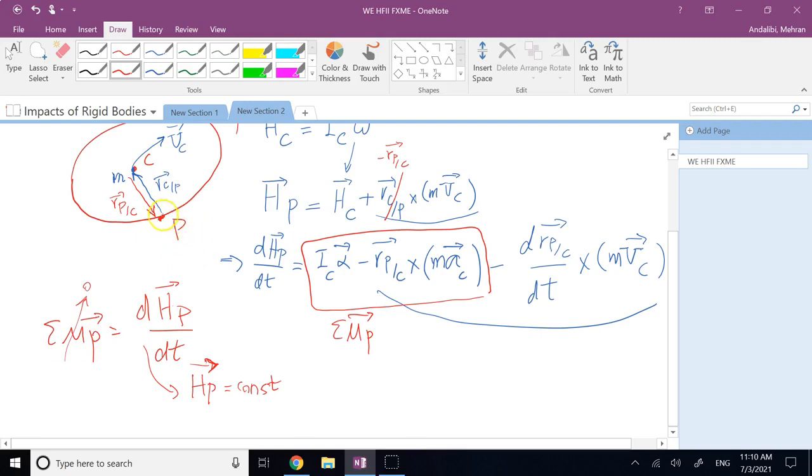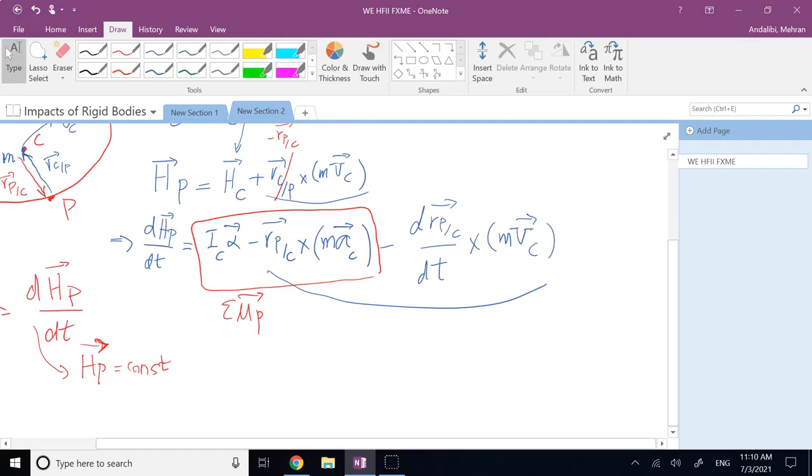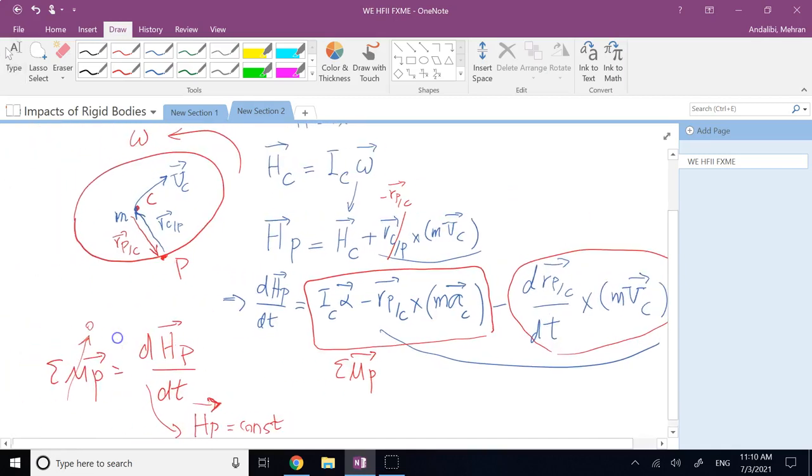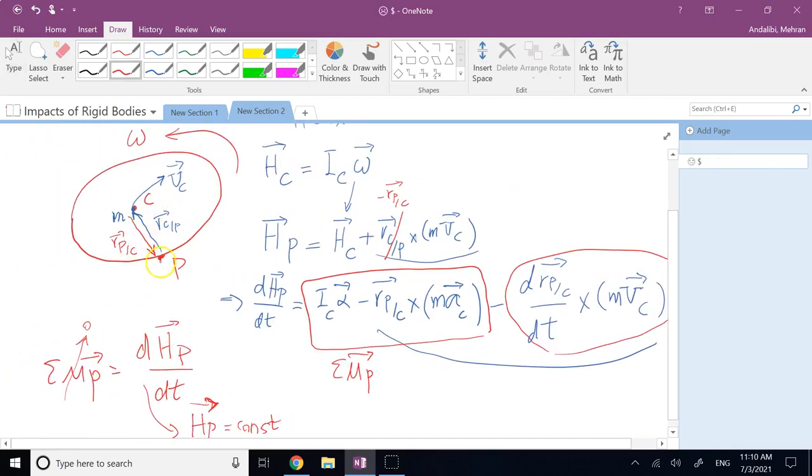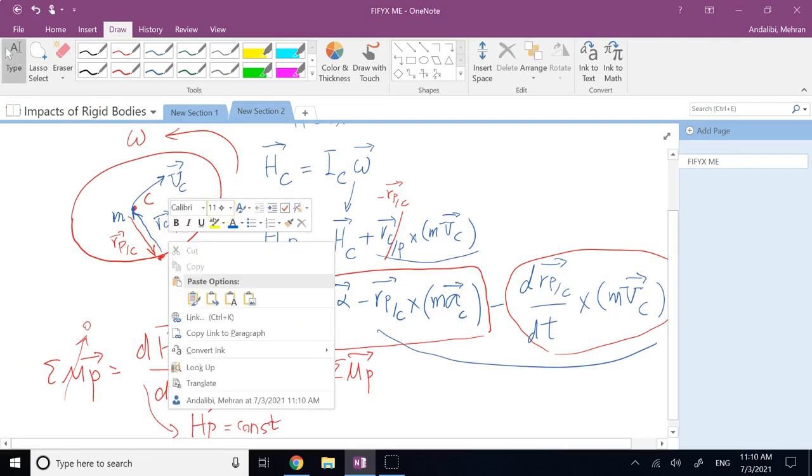During the impact, the only force is applied to point P, so the sum of the moment about P is absolutely 0. The only obstacle is this term here. Is this term 0? Well, this R of P with respect to C has a constant magnitude, but it does not have a constant orientation because it does rotate.